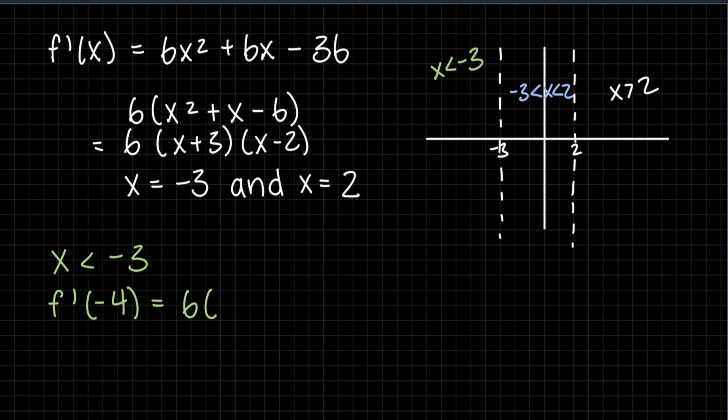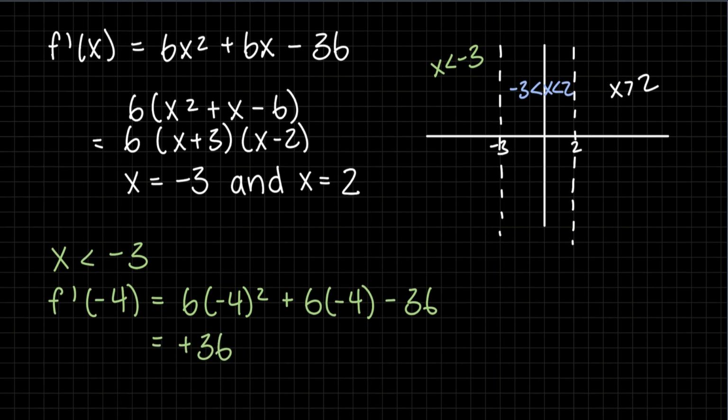So we have 6 times negative 4 squared plus 6 times negative 4 minus 36. And when I evaluate this, I get a positive number. So because I ended up with a positive number, my tangent line is going to look like this. So let's draw that in that region.